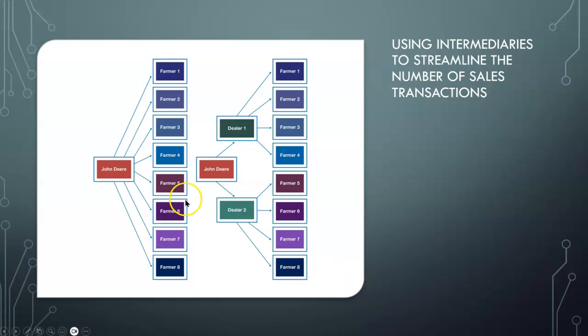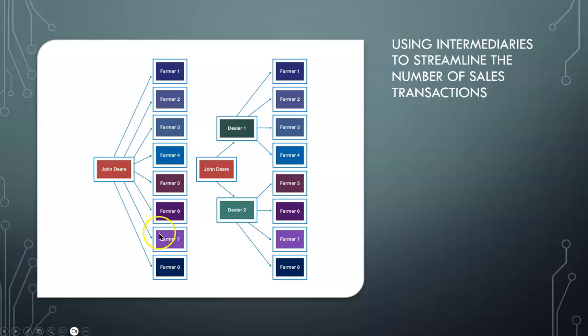In our first image on the left side, you see that John Deere is the only location. There's no other location that sells their equipment, and they sell to, let's say, 8 farmers. This can be cumbersome. Let's say John Deere doesn't have the people to deliver or pick up these products, this could be really hard.